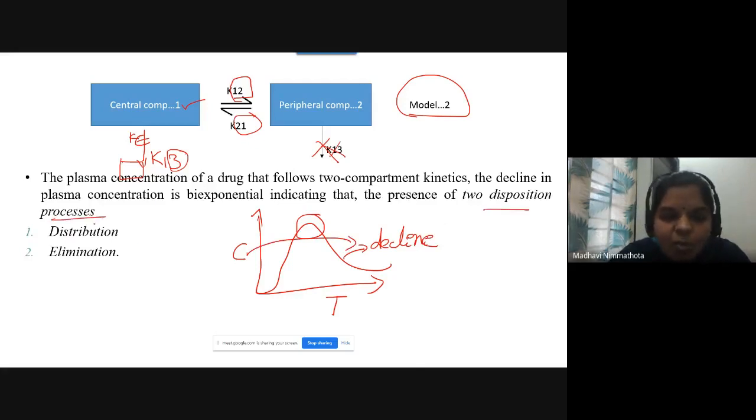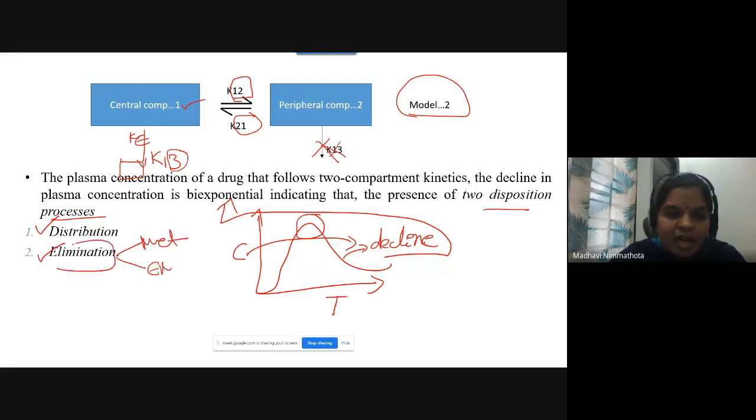What are the two disposition processes here? Distribution and elimination. Because of these two processes, there is a decline of plasma drug concentration. This decline will be bi-exponential. Here excretion and metabolism together are called elimination. So majorly we are talking about two disposition processes, distribution and elimination.